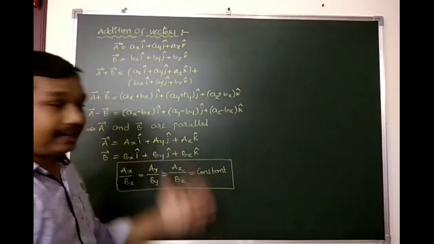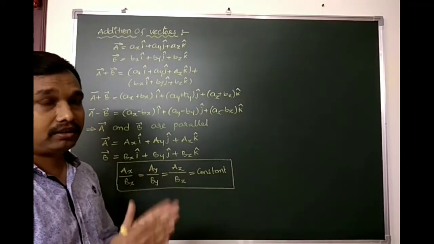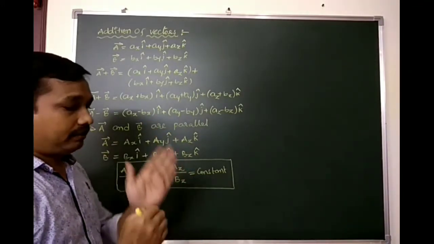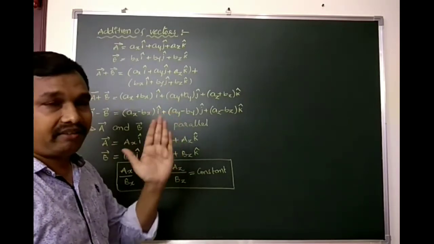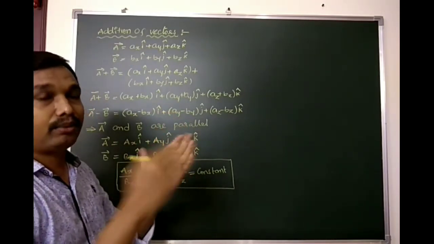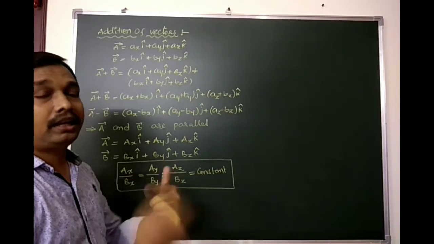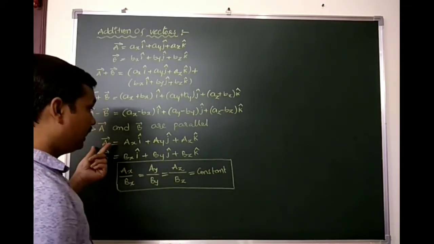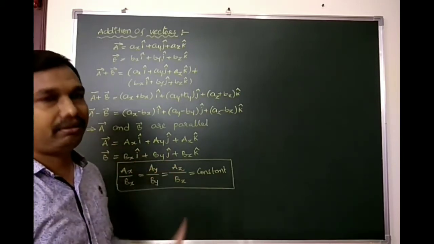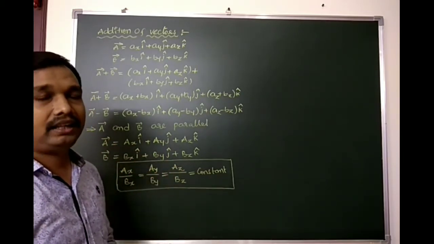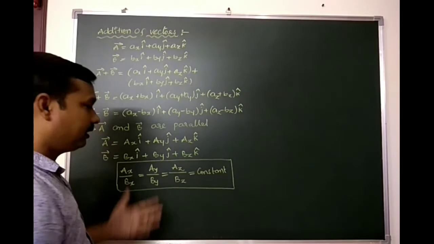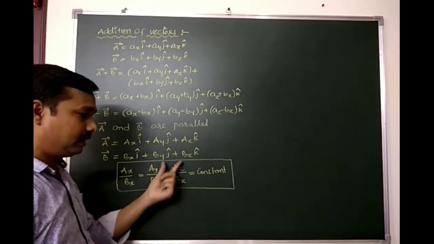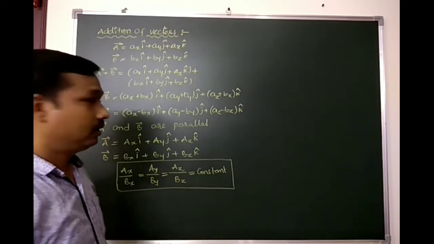Even if it is slid, suppose a vector and b vector are parallel to each other, or if we consider only one vector, a vector which is sliding parallelly, then what happens to it? It will be multiplied a number of times. So n number of times multiplied, we get b vector: m a equals b. So ax by bx, ay by by, az by bz is equal to a constant.